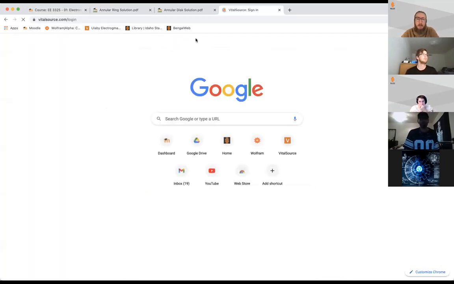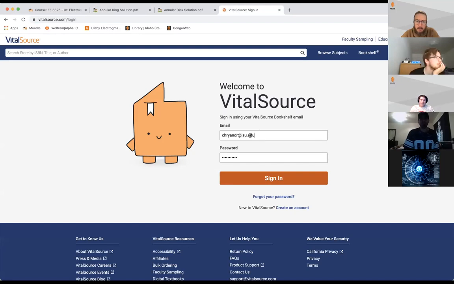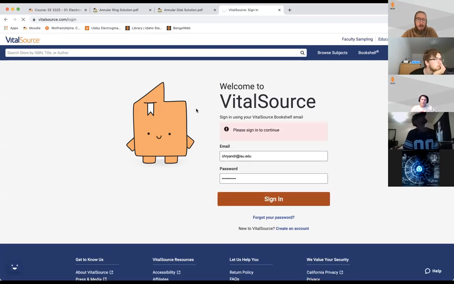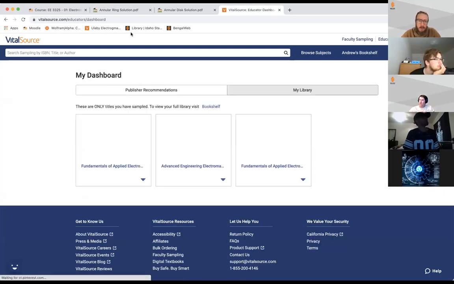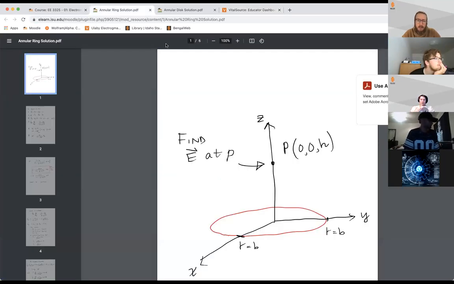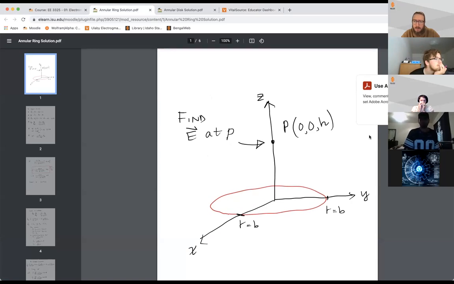These 2 examples are very classic problems in electrical engineering. One is the ring of charge, sometimes called an annular charged ring or circular charged ring, where you find the electric field on the z-axis.